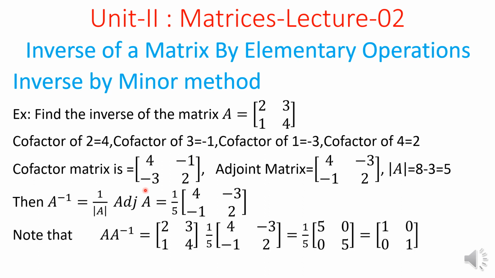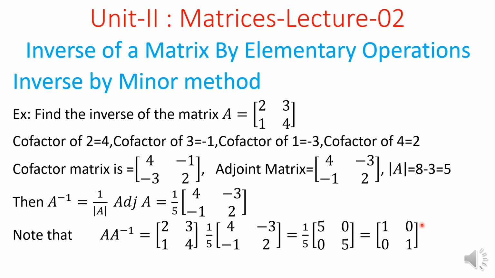Note that A into A inverse: if I multiply A with its inverse, which is 1 by 5 times this matrix, take the constant 1 by 5 outside. Multiply [2 3; 1 4] with [4 -3; -1 2]. You know how to multiply those two matrices. You will get [5 0; 0 5]. Multiply by 1 by 5, so 5 gets cancelled, and we get [1 0; 0 1]. This is the identity matrix.